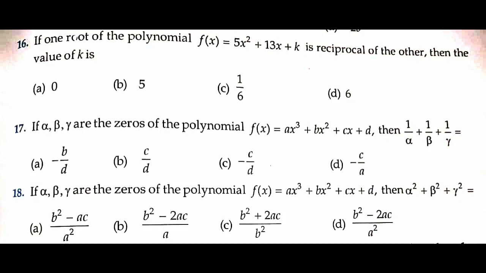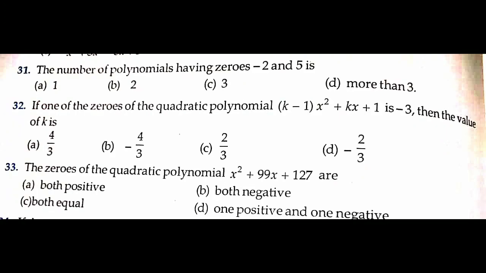Now moving to the next set of questions, here we have the number of polynomials having zeros minus 2 and 5. That is, we are supposed to find the total number of polynomials having zeros minus 2 and 5.